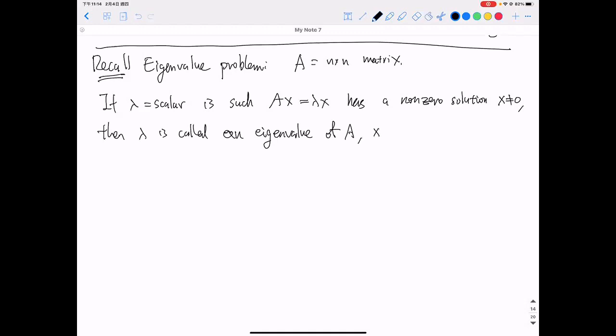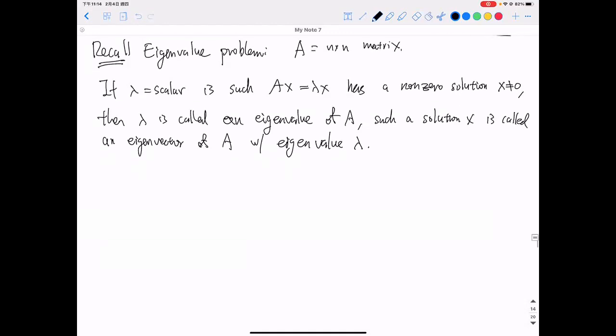Such a solution x is called an eigenvector of A with eigenvalue lambda.